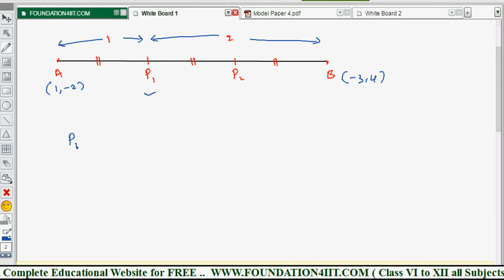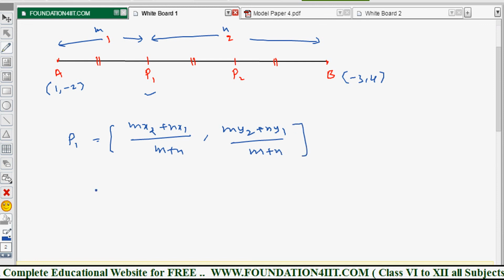Then P1 is equals to, the formula is mx2 plus nx1 by m plus n. Okay. M and n is 1:2 ratio. So this is the m and it is n, comma my2 plus ny1 by m plus n.